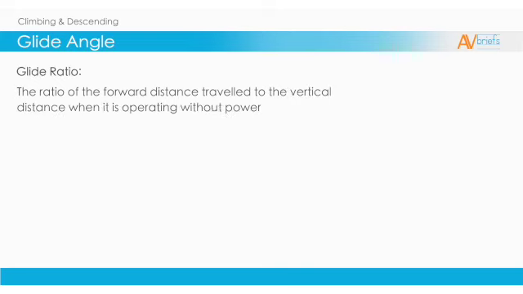This ratio shows how many units forward compared to how many units of descent, or put another way, lost height. In the diagram shown, the diagram on the left shows a typical training airplane glide ratio of 11:1. This means for every 1 unit of lost height, it will travel 11 units forward.